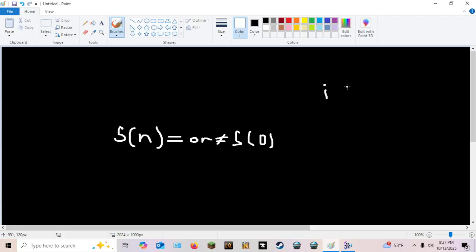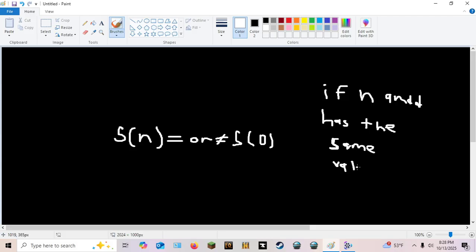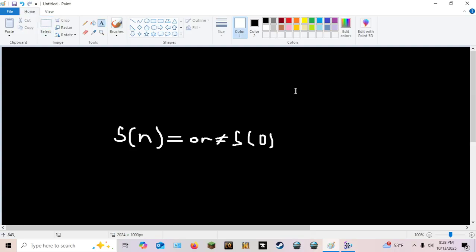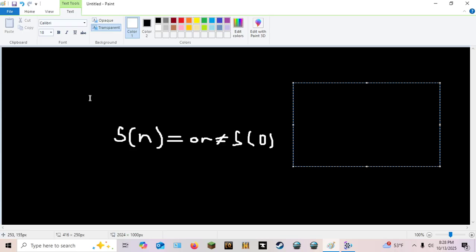If n and d have the same value, then the successions are equal.